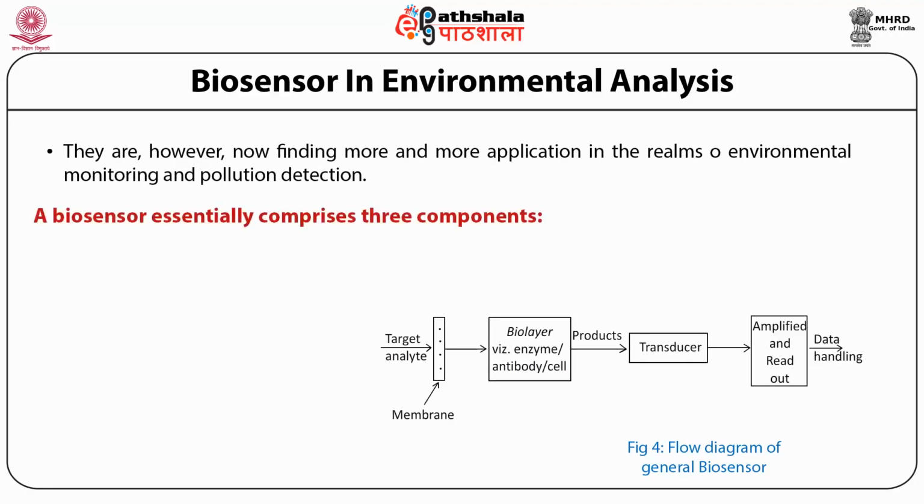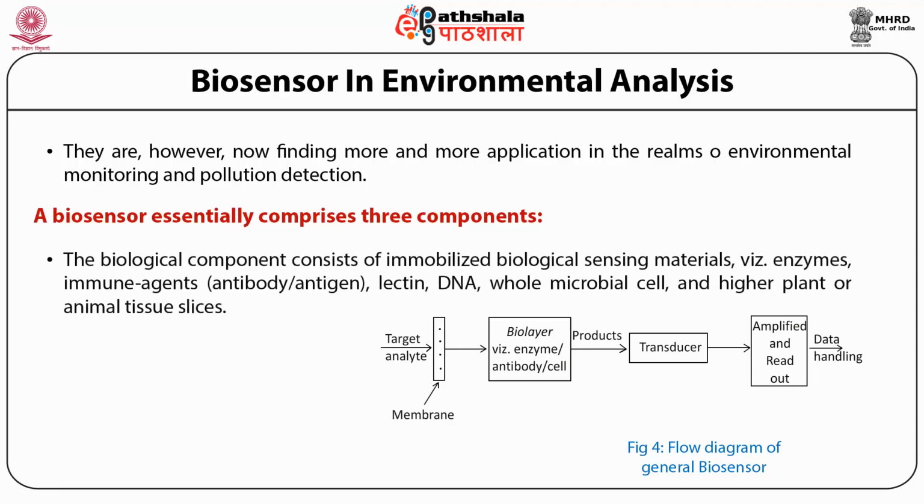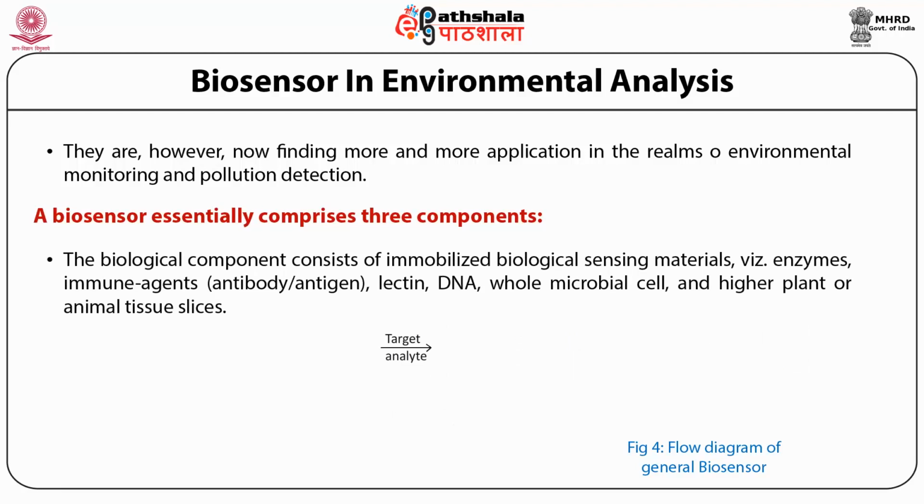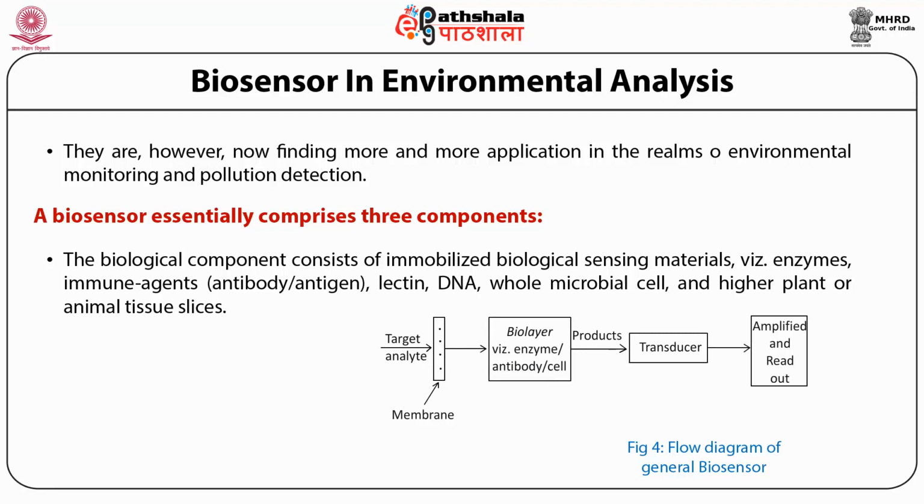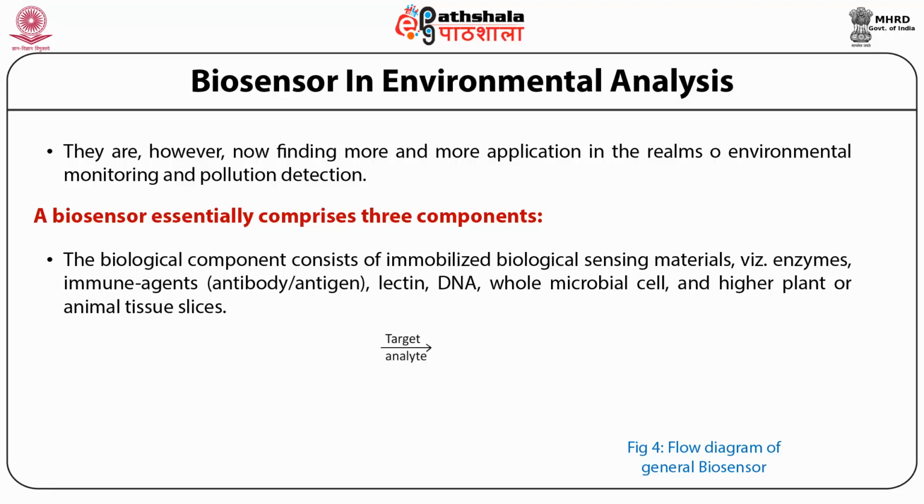A biosensor usually comprises three components. The biological component consists of immobilized biological sensing material such as enzyme, immune agents, lectin, DNA, whole microbial cell, and higher plant or animal tissue slices. The advantage conferred by biological material is the ability to operate at ambient temperature.